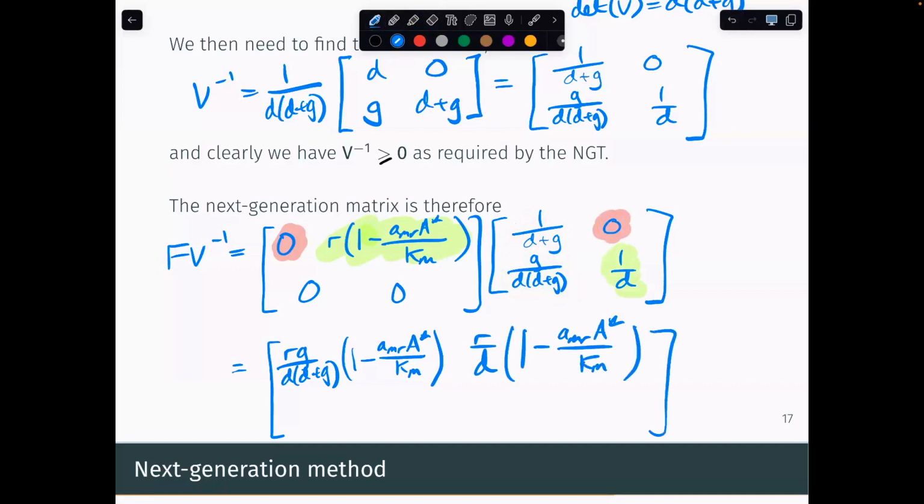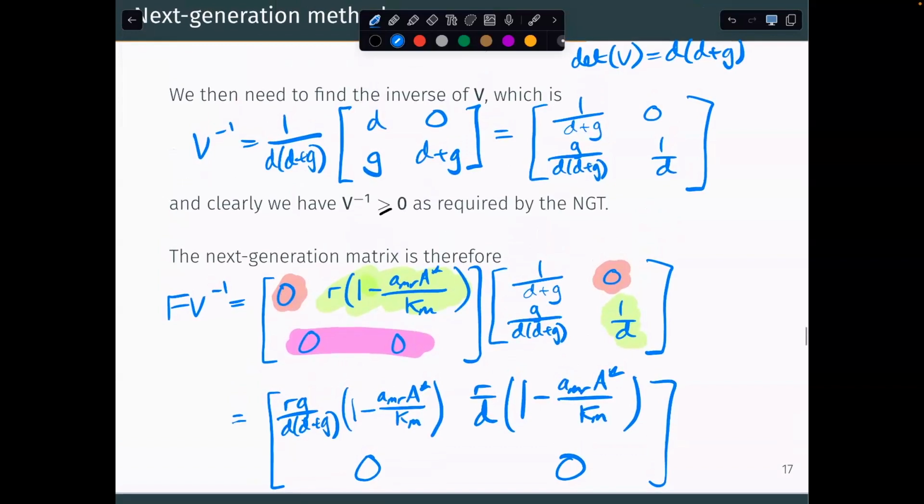And then because we've got these zeros on the bottom of our F matrix, these bottom two entries are going to be 0. Just note that this is an example. You will not always get the same exact structure as this. But one of the nice things is that in many, many biologically realistic scenarios, when you choose your F and G according to the rules that I've described, we end up with this next generation matrix here.